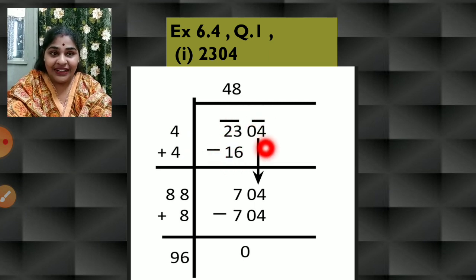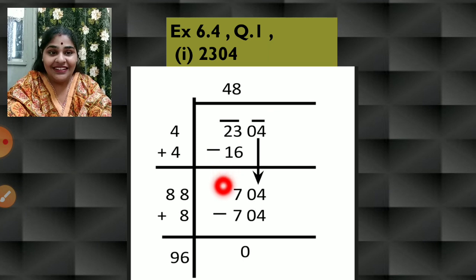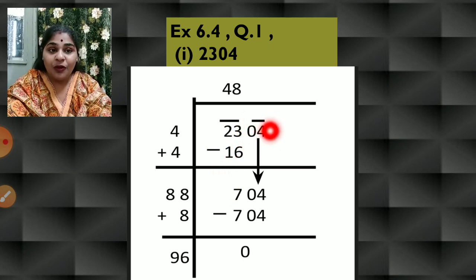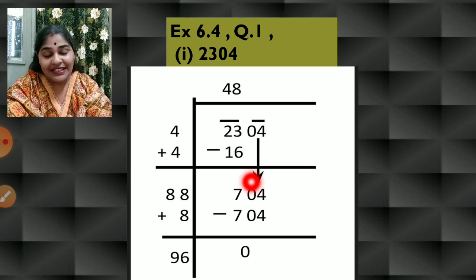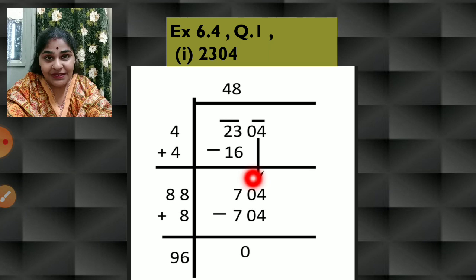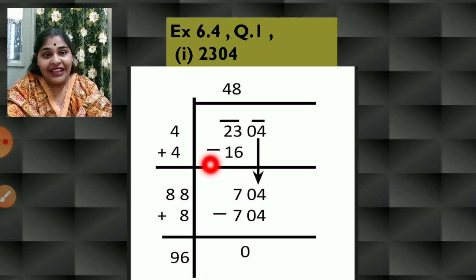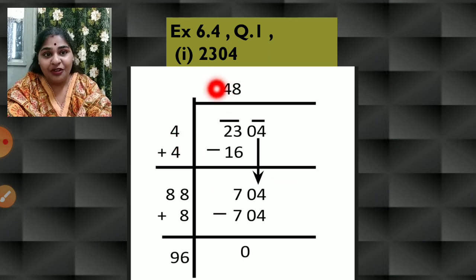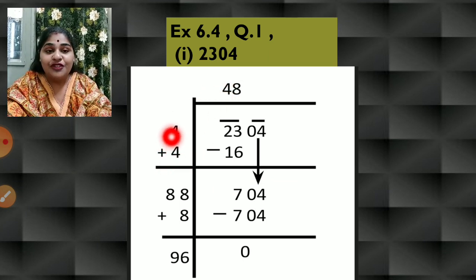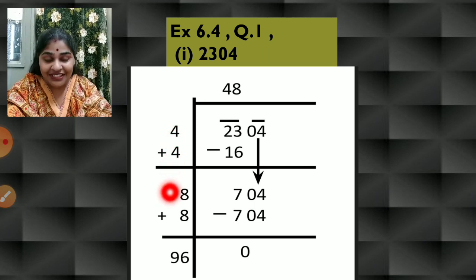To the right hand side, like a division, 23 minus 16 is equal to 7, and the next whole pair will come down, not a single number. So this whole pair, 04, comes down, and now the number is 704. Whatever number we have taken, we add it on the left hand side. So 4 plus 4 is 8, and after 8 there will be a blank space.